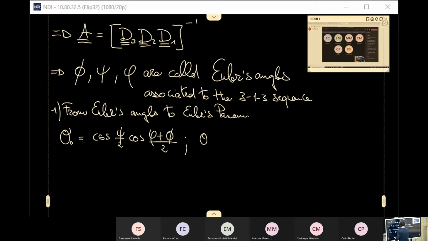Then we have theta 1, which is the sine of theta divided by 2 times the cosine of phi minus theta divided by 2.